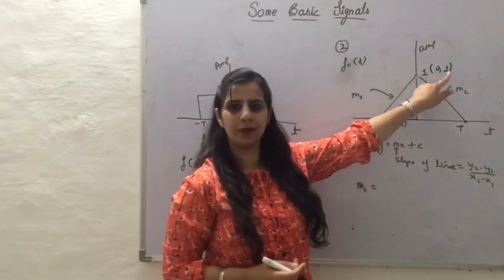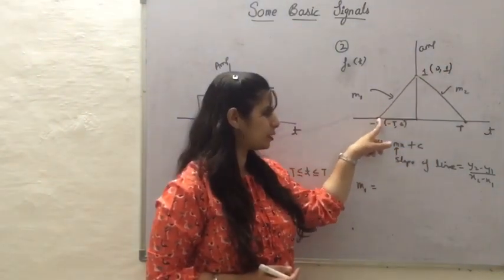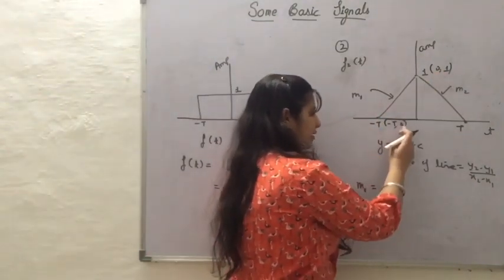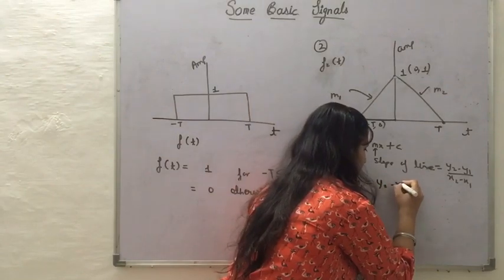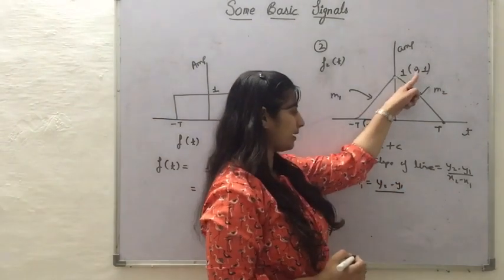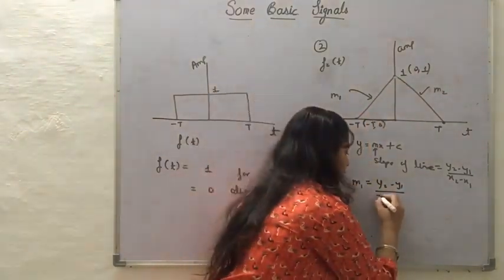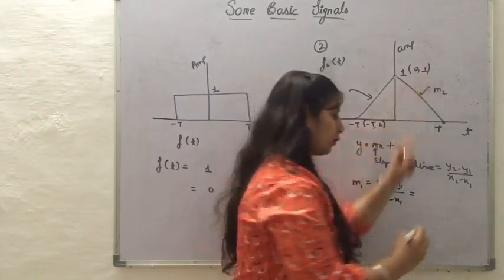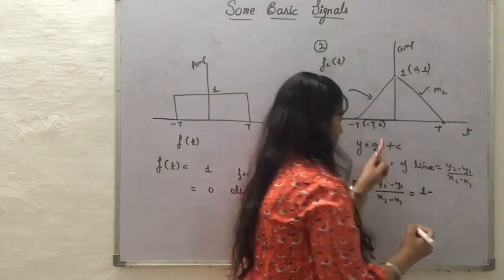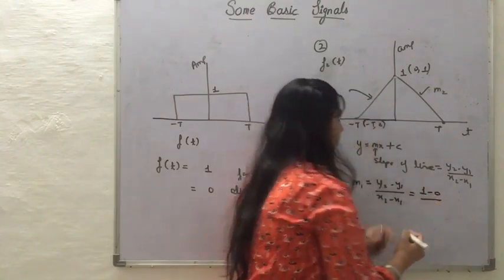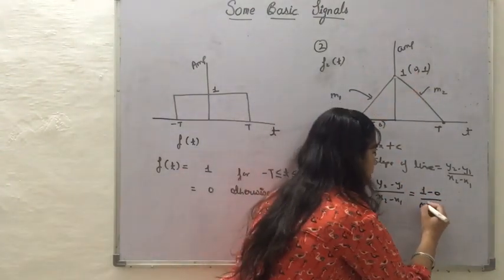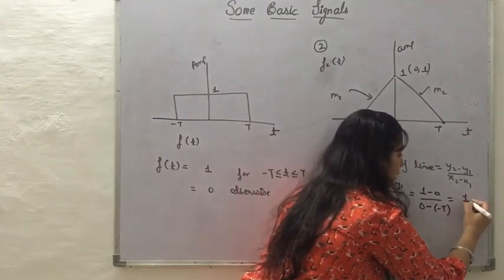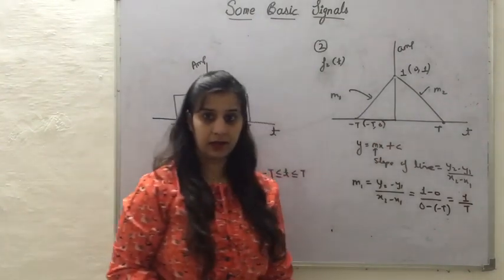Considering this to be the second point and this to be the first point, m1 will be equal to y2 minus y1 divided by x2 minus x1. The y2 value is 1, so it is 1 minus 0 divided by 0 minus t. So this will be m1 equal to 1 by t.